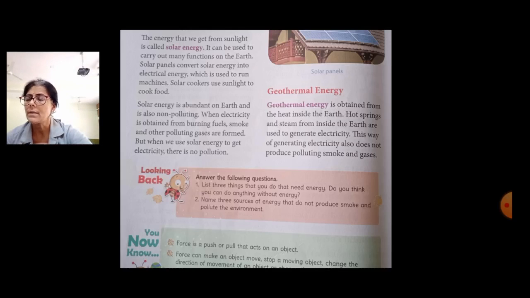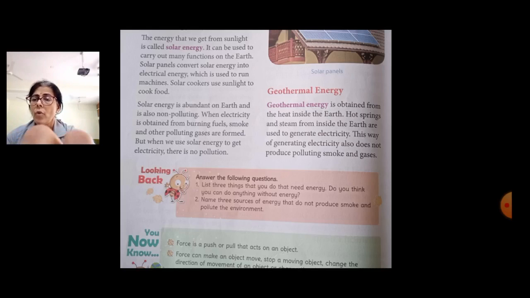Hot springs and steam from inside the earth are used to generate electricity, and this way of generating electricity also does not produce pollution, smoke or gas. So the geothermal energy is also environment friendly.